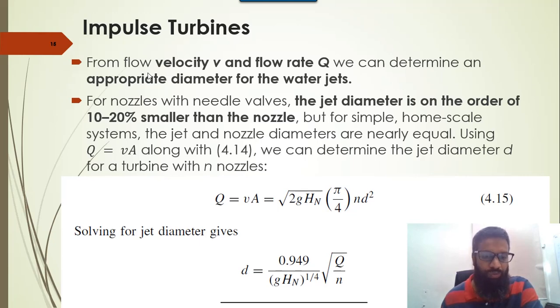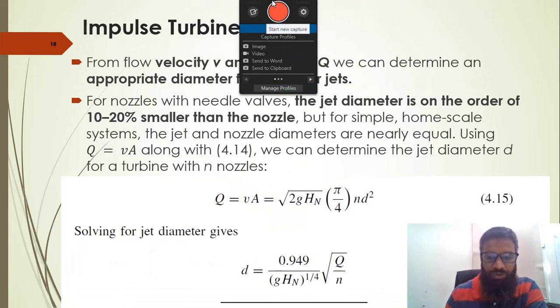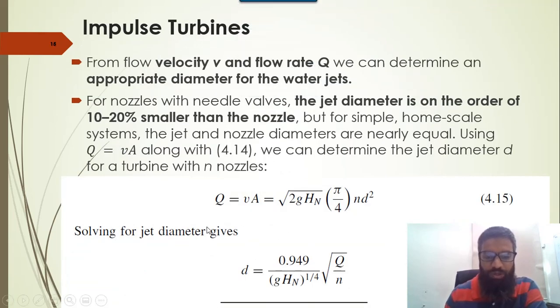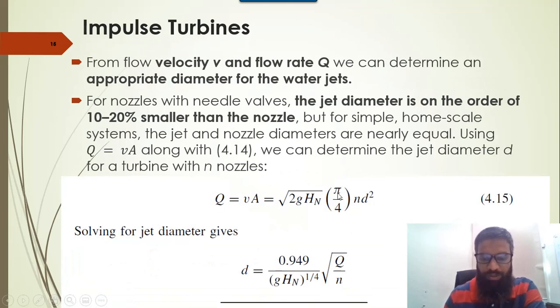Using Q equals VA along with equation 4.14, which we discussed in the previous slide, the overall equation is Q, the flow rate, equal to velocity times area. We put in the value of the velocity we calculated, and the area is pi by 4 times n times d squared, where n is the number of nozzles.